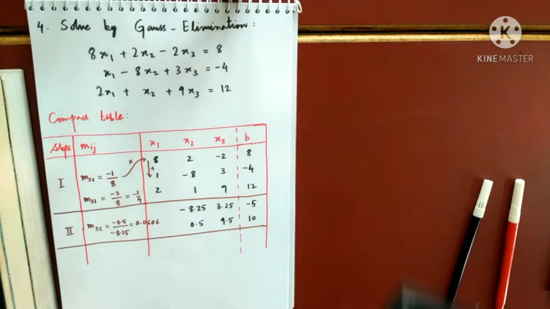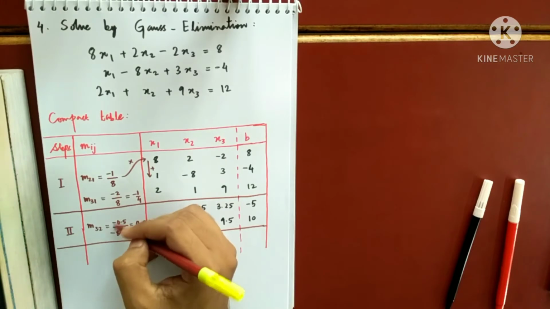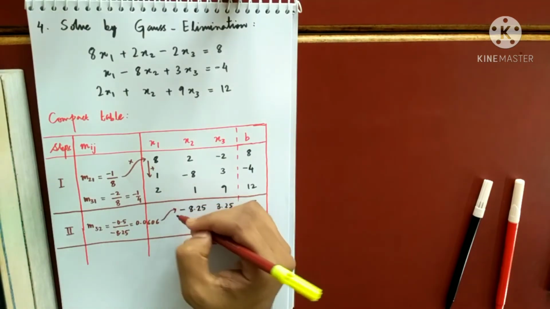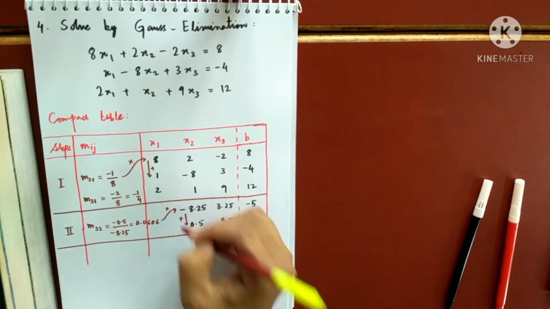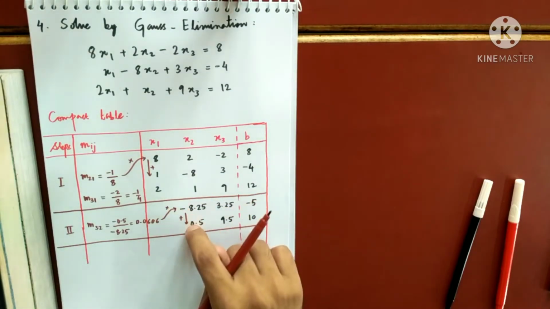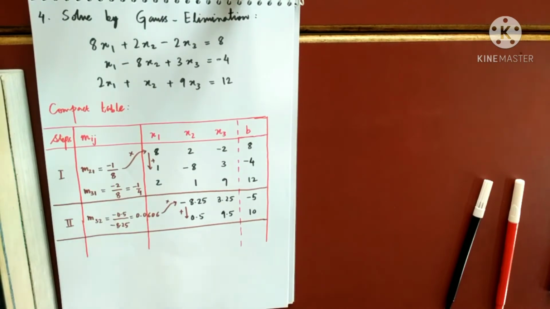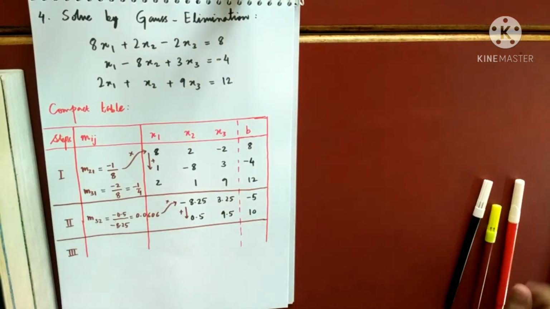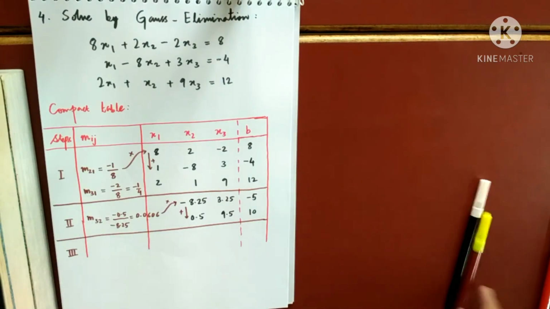I hope I was getting this right. Yes, because this minus minus will get cancelled and become plus. So the aim is this: I have to multiply this here and add it here. So don't write this in your table. I'm just explaining you. So what is my third step in that case? The third step will end somewhere here.